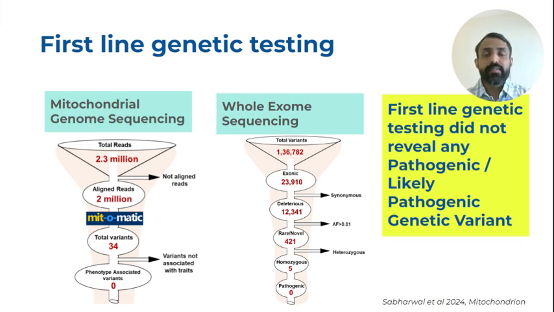Typically, in a cascade screening approach, you would go to the next test, and the next test here is whole exome sequencing. We did indeed do a whole exome sequencing, and unfortunately, even in this situation, we could not get a pathogenic genetic mutation which could suggest a diagnosis of a mitochondrial genetic disorder. We did a whole exome sequencing because a significant number of genes in the chromosomal locations encode mitochondrial proteins, proteins which go into the mitochondria and are important for the function of mitochondria.